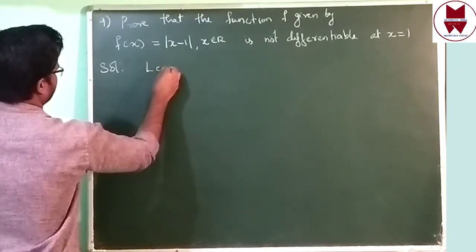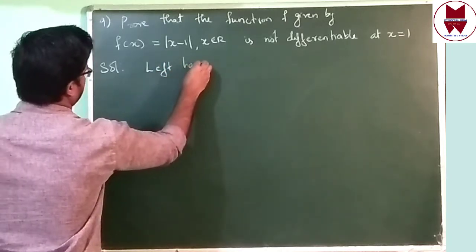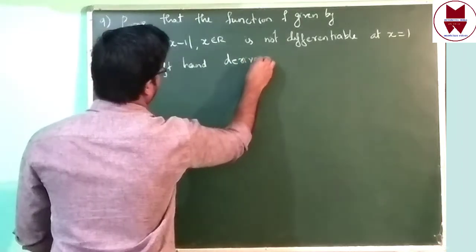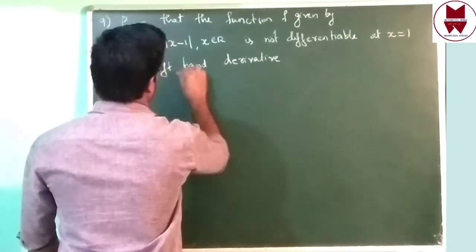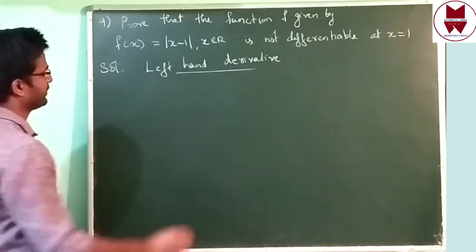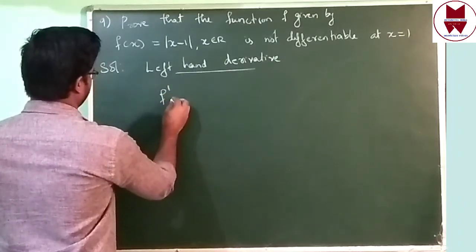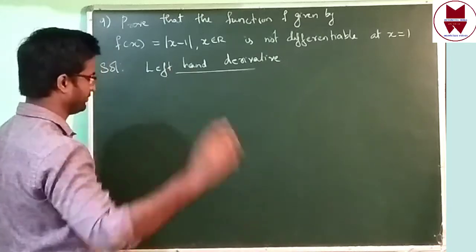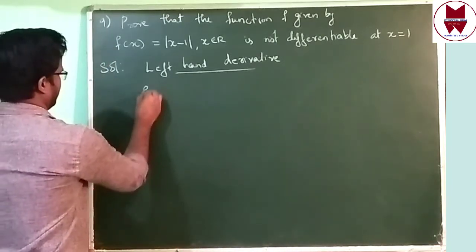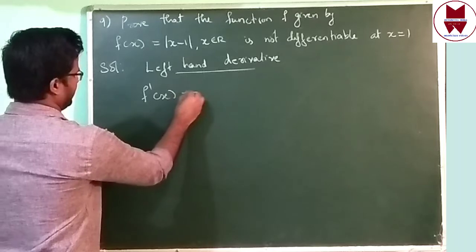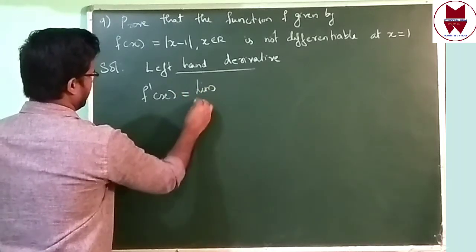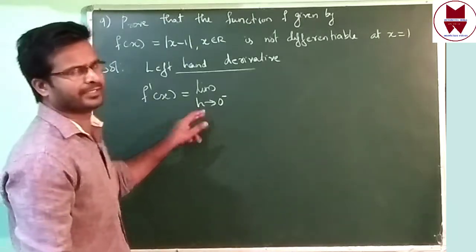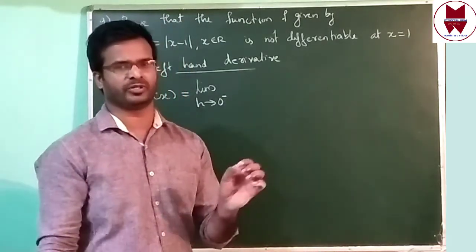Left hand derivative. First we will check the left side of that function, then f dash of x equal to limit h tending to 0 minus, where h means a very small quantity, that means 0.001.